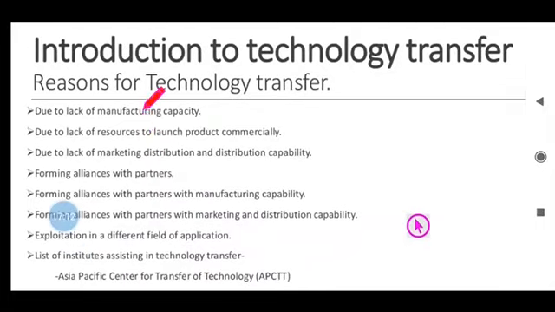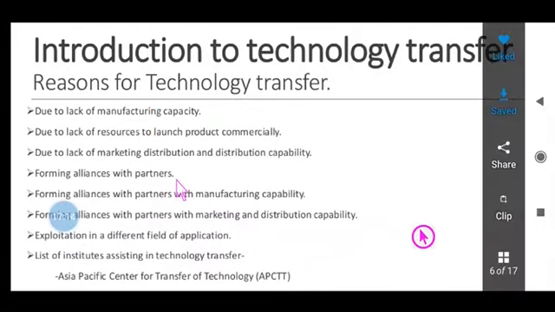Well, the reason for technology transfer is lack of manufacturing capacity. An innovator or a researcher has no manufacturing capacity, therefore he would like to transfer the new process to a manufacturing level.